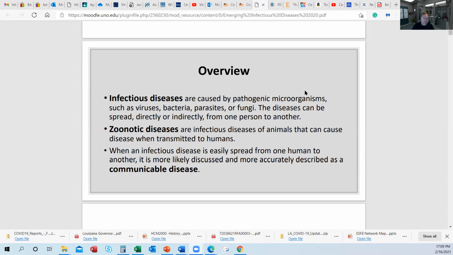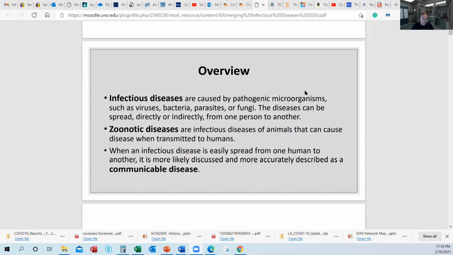COVID-19 is known in the scientific world as SARS coronavirus 2. And SARS coronavirus 2 was first identified, with the same genomic sequence as today, in 2011, 2012, in a bat species in a lab in Wuhan, China. Again, there's been all sorts of wild speculation about it escaping from a lab or being weaponized.